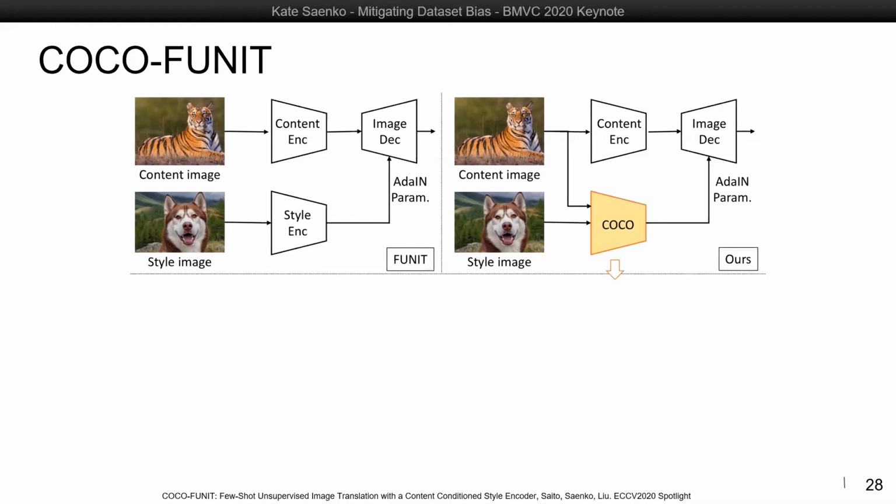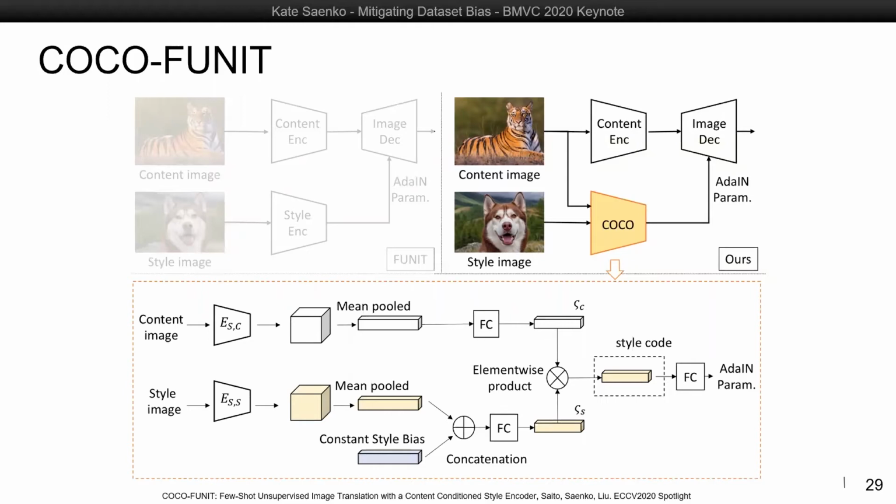So the difference is in our approach, COCO-FUNIT, we have a new type of style encoder that we call COCO, or content-conditioned style encoder. And we call it that because, in fact, it is conditioned on the content image, unlike in FUNIT, where the style encoder only receives the style image and does not receive the content image as input.